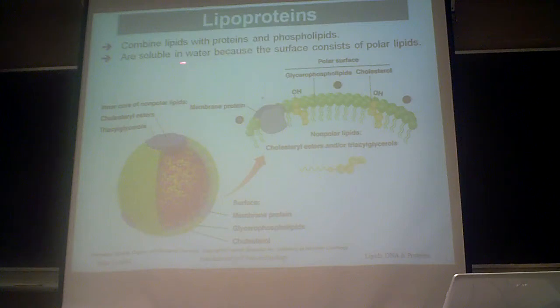Lipoproteins are soluble in water because the surface groups comprise polar head groups. So you can see here you have your steroids, you have your lipid system, and then you have your membrane proteins. These are the surface layer, and inside there are other types of lipids. This whole mixture self-assembles into an aggregate comprising a very important mixture of molecules.